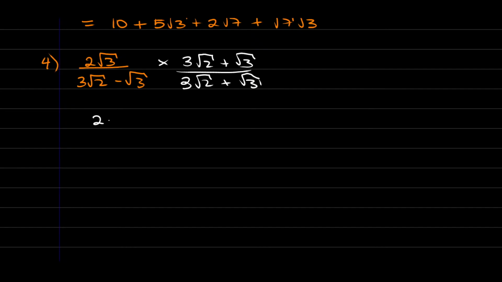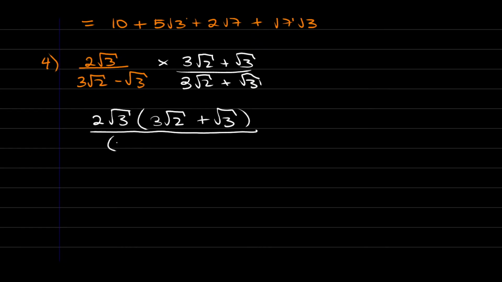So we're saying 2 root of 3 into 3 root of 2 plus root of 3, close bracket, divided by, let's see, this here is going to be 3 root of 2 squared minus open bracket root of 3 squared, and we're going to get that it's equivalent to 3 2s are 6 and then root 6.